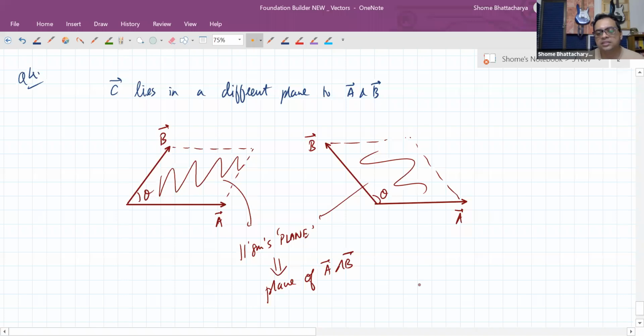Now it's saying that the vector C is not in this plane.